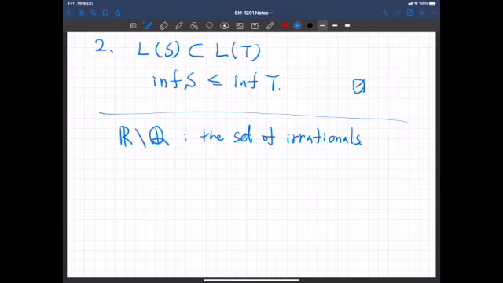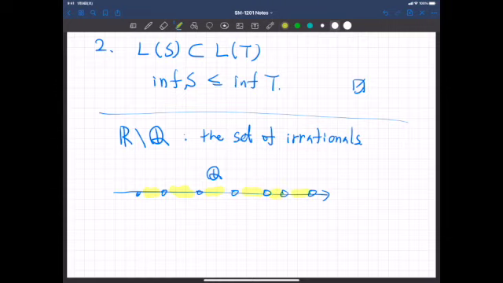Okay, so this means if you consider the set of rational numbers on the number line, there are many spaces between any two rational numbers. The set of rational numbers is filled with a lot of irrational numbers in between, right?